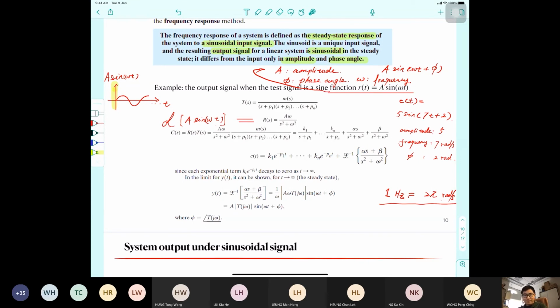Okay, good. So this is the input. This is the output. Output equals input times a transfer function.